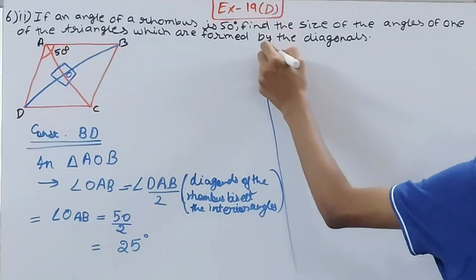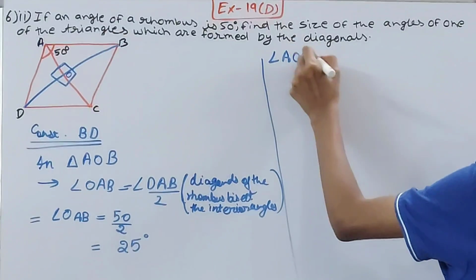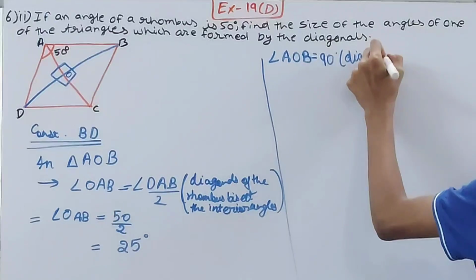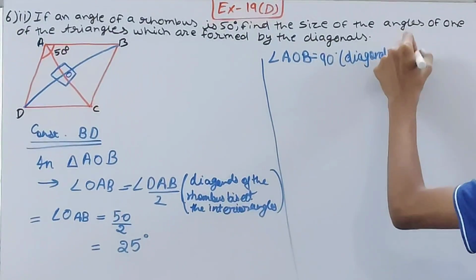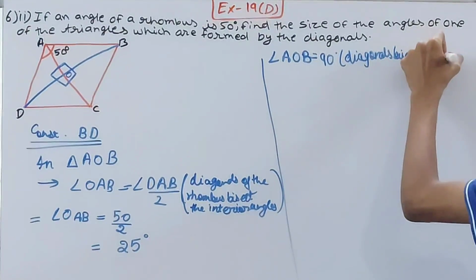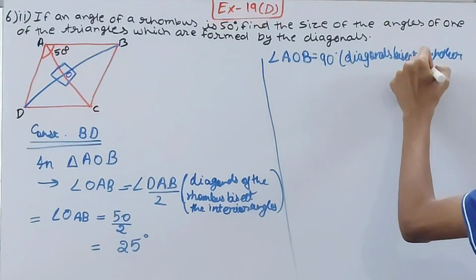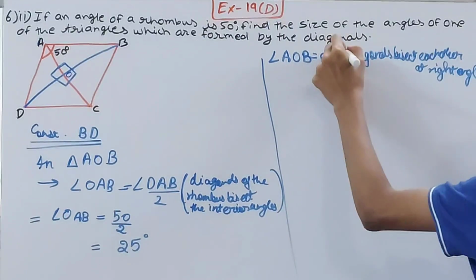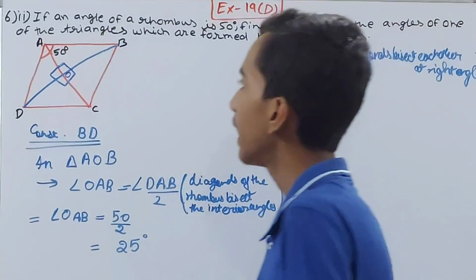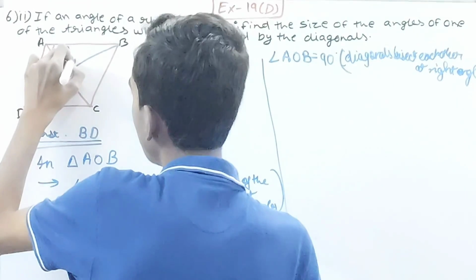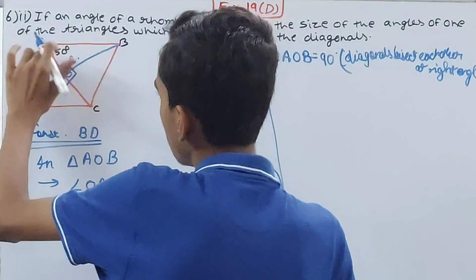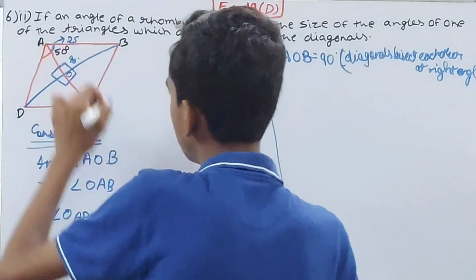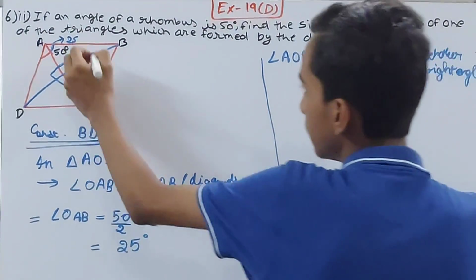And angle AOB is equal to 90 degrees because diagonals bisect each other at right angle. Fine. It's a property again of the rhombus where the diagonals bisect each other at right angle. So AOB will be 90 degrees or not? Yes. And this one you can write down here somewhere, this will be 25 degrees. Let's find out this angle.